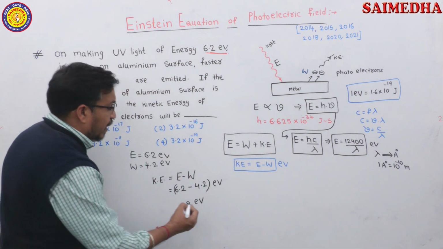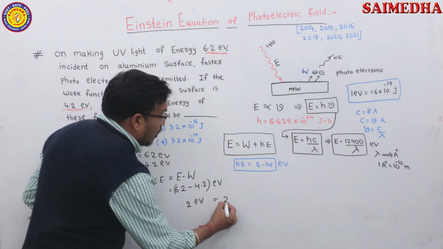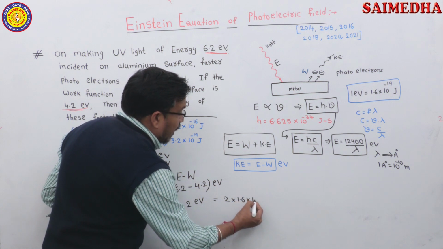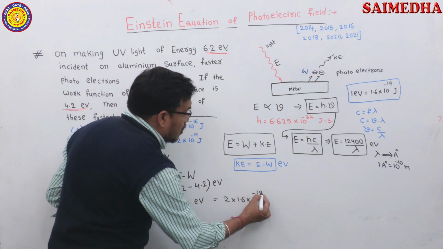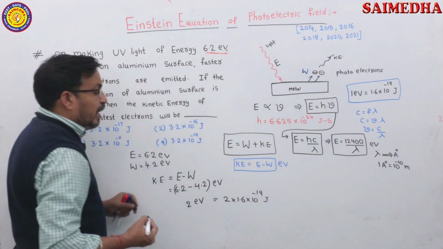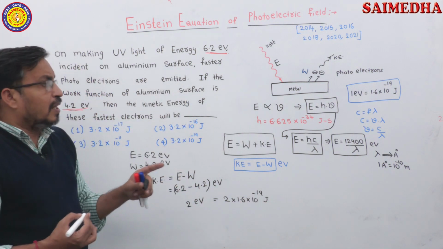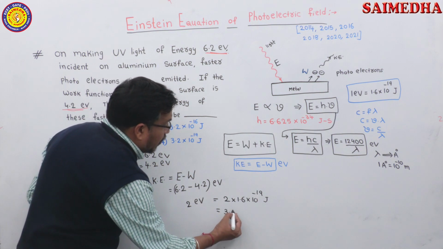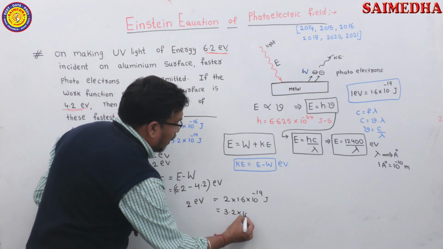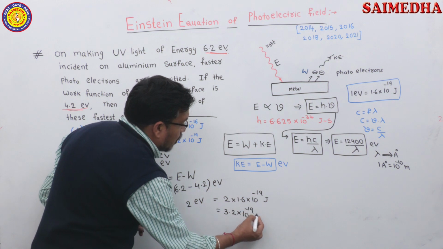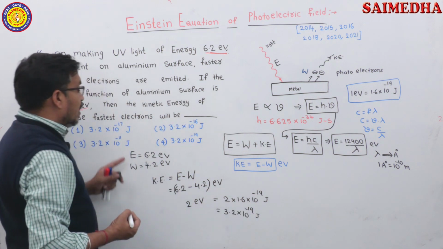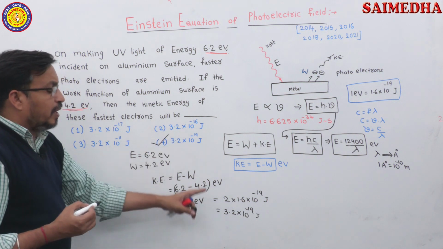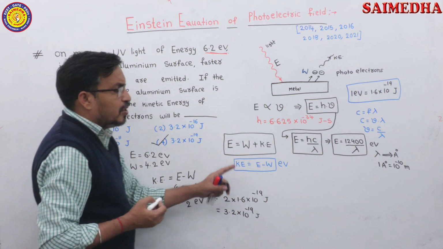So that equals 2 into 1.6 into 10 power minus 19 joules. 2 into 1.6 is 3.2, so 3.2 into 10 power minus 19 joules. This is the answer. Of the 4 options, option 4 is 3.2 into 10 power minus 19 joules.